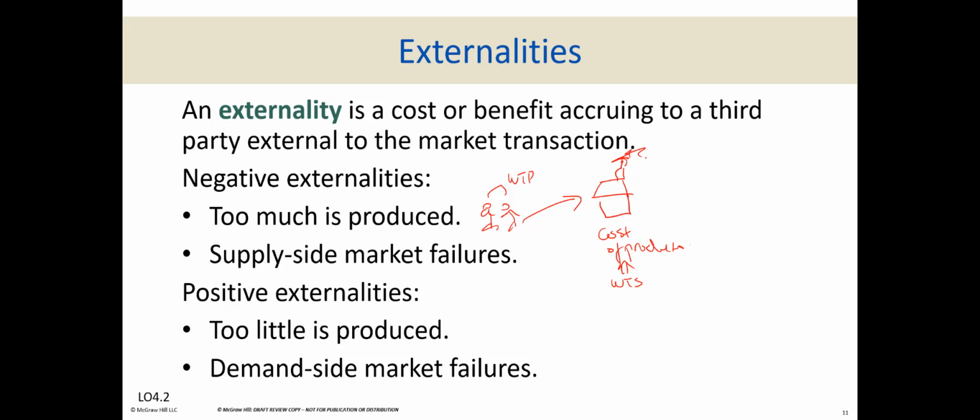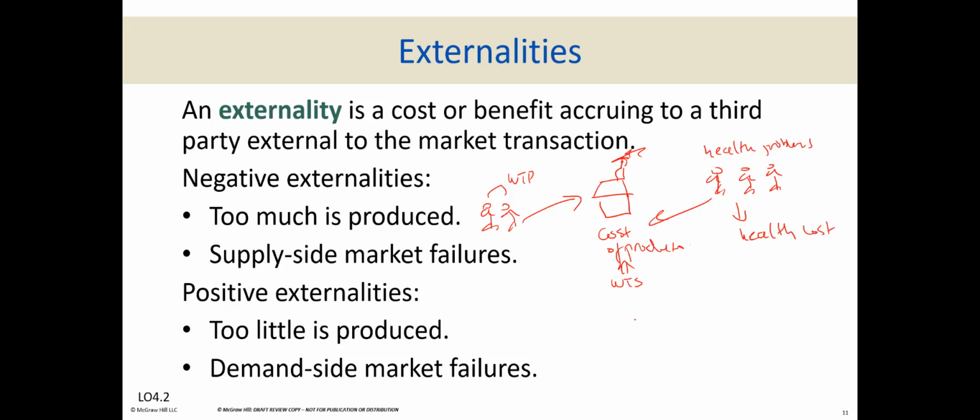And here, let's say because of the poisonous gas, there are people who are not buyers of this company's product, but they have health problems due to this poisonous gas. And that leads to what? That leads to actually health costs. But the company doesn't see that cost to society.